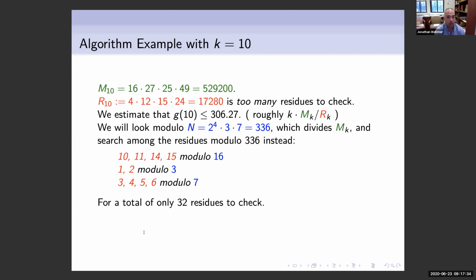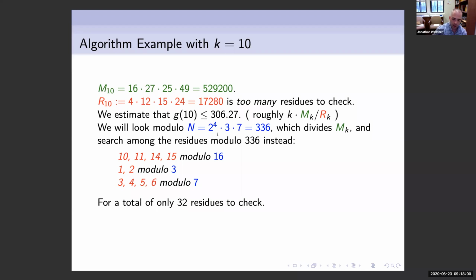It turns out 2 to the 4th times 3 times 7 satisfies that. And the number of residues that are admissible modulo this 336 is only 32. And we know that G of k must be among this set. So if we search through these 32 residues, we'll be able to find G of k.